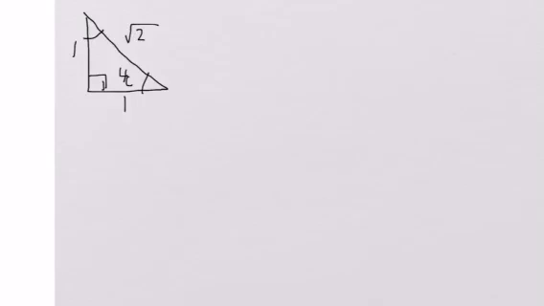So for the sake of reference, look at the 45-degree angle on the bottom. So, the sine of 45 degrees is going to be the opposite over the hypotenuse.